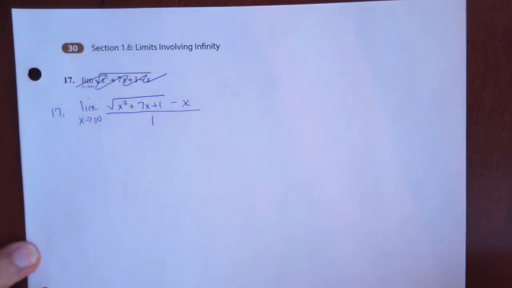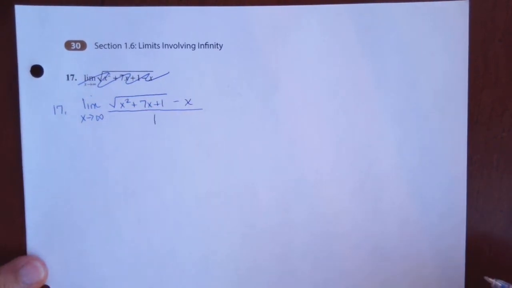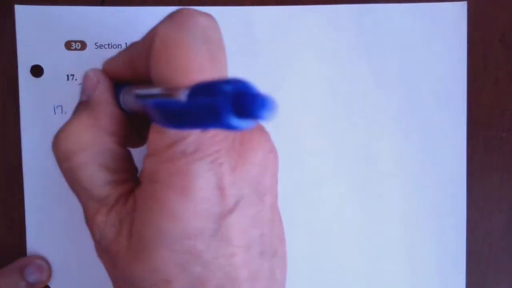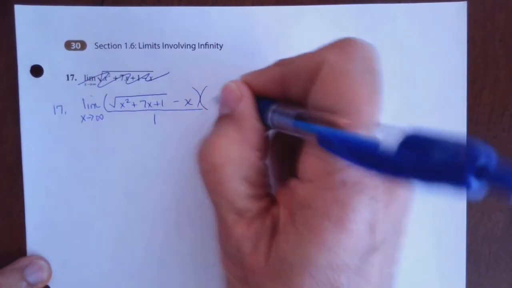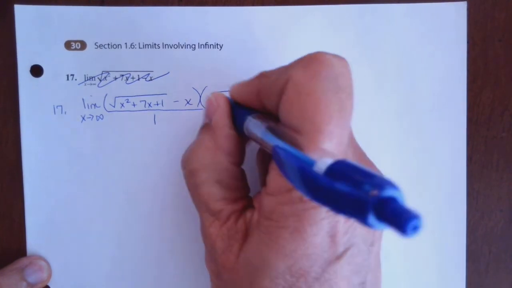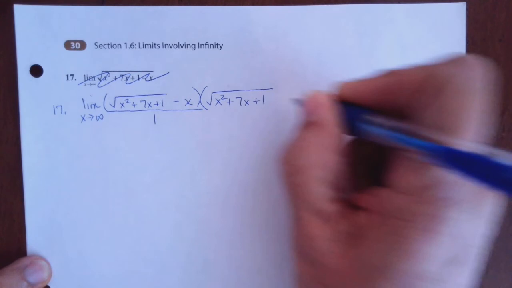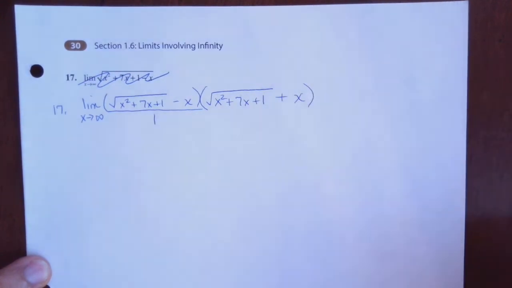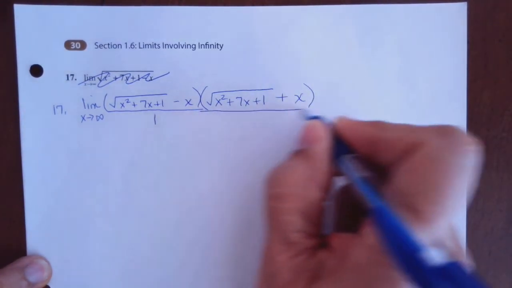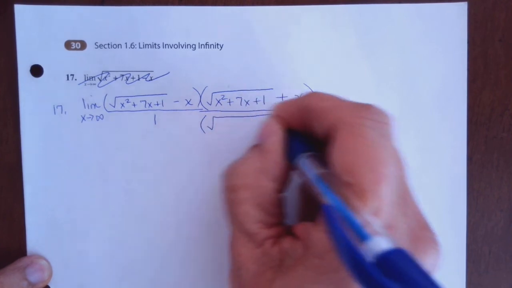So we would have to write it over 1. Okay, so the only way to do radicals is to use the conjugate. All right, well, what is the conjugate? The conjugate would be the same problem, square root of x squared plus 7x plus 1, and instead of minus x, we would do plus x. And whatever you do to the top, we've got to do to the bottom.